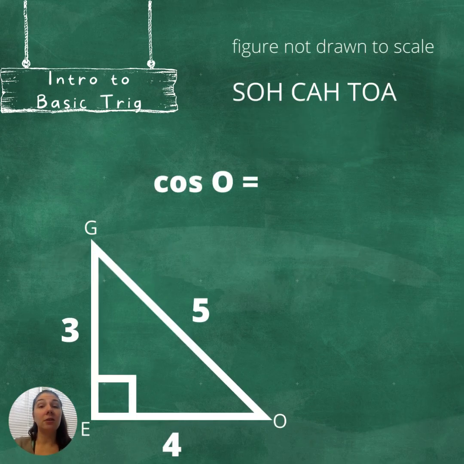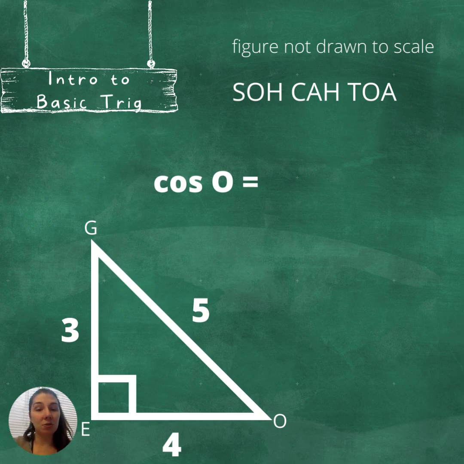Okay, so let's look at a problem here. They want us to do the cosine of angle O. Remember, they gave us our focus. Our focus is angle O. We know that the CAH in SOHCAHTOA is going to help us out because we're trying to find cosine. So cosine of angle O is equal to adjacent over hypotenuse.